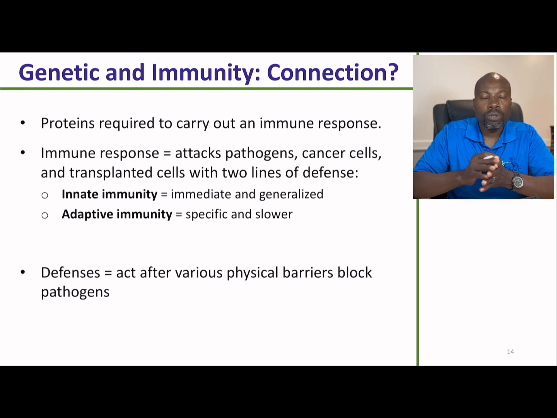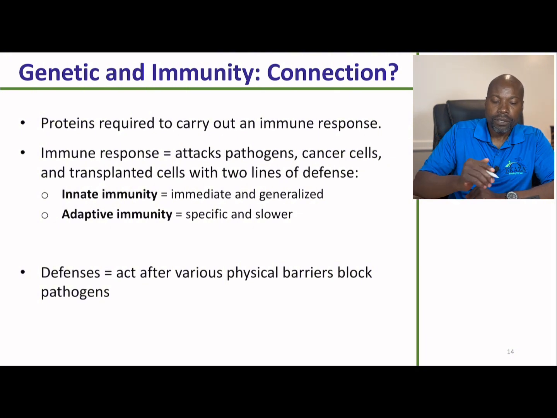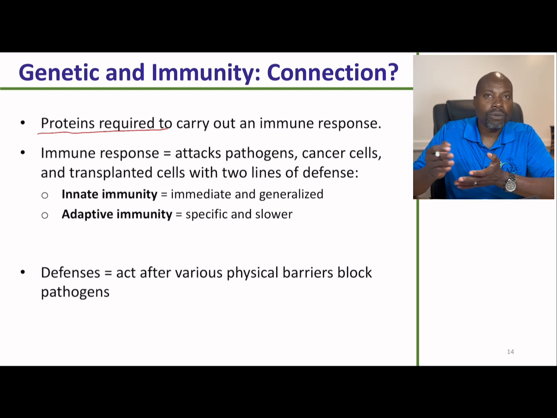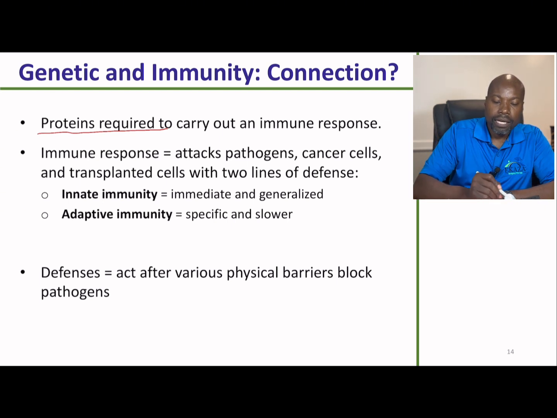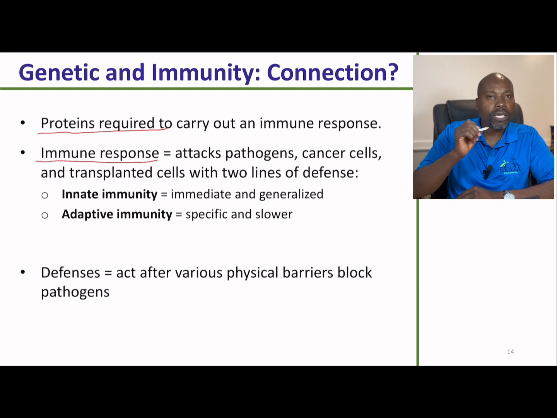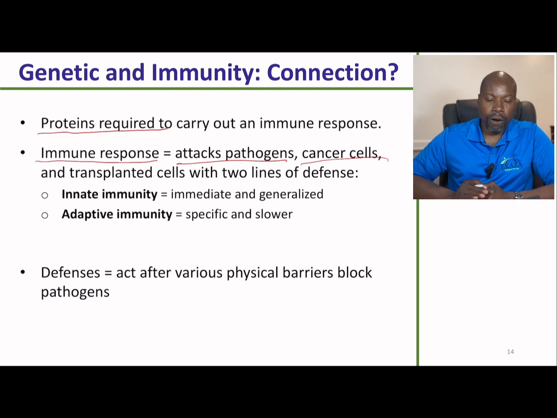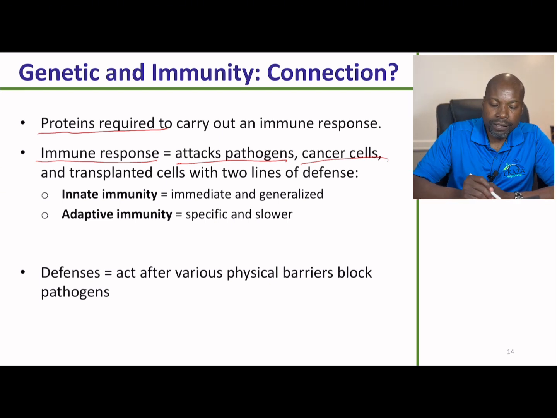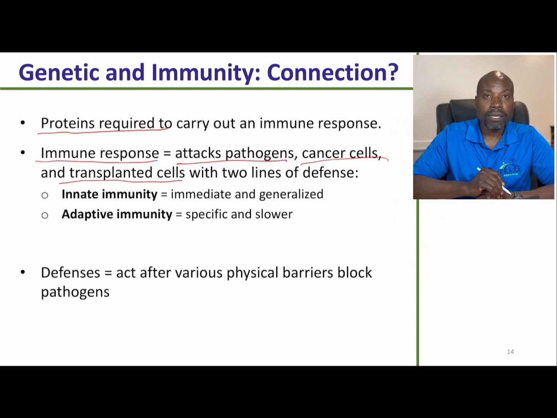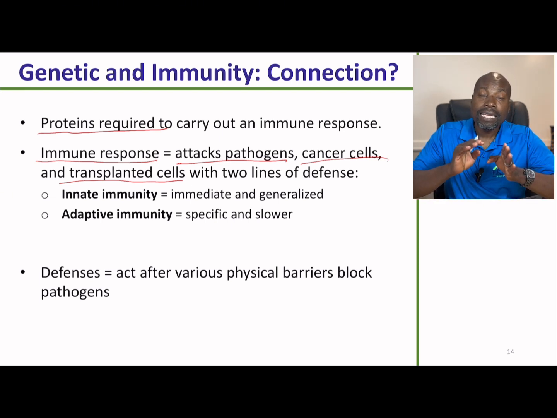And then we are going to dive a little bit into the details, right? So proteins are required to carry out an immune response, right? An immune response is going to allow our body to attack pathogens and cancer cells. That is something that you already understand from the discussion we've had so far. So, transplanted cells are also going to be attacked, right?